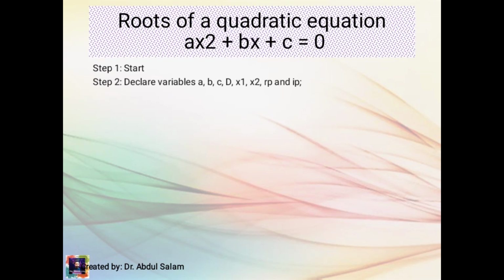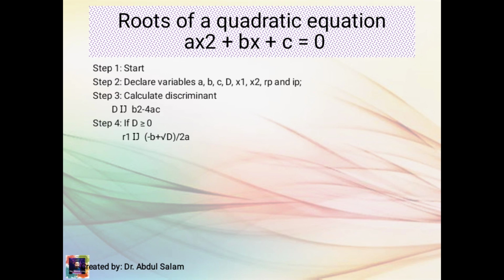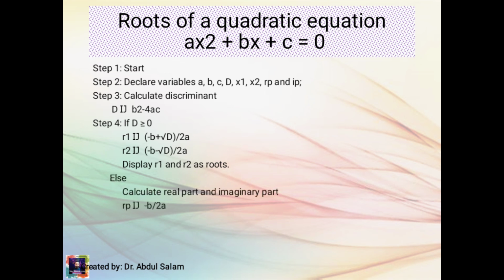How to write the algorithm for roots of a quadratic equation ax squared plus bx plus c equals 0. So step 1 start, then declare variables, then step 3 calculate discriminant, step 4 if else statement, and step 5 stop.